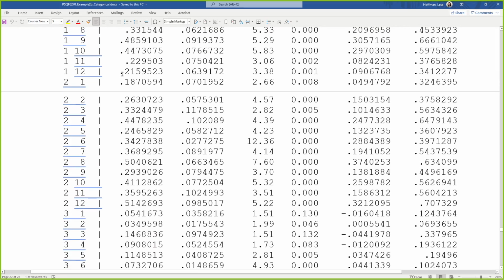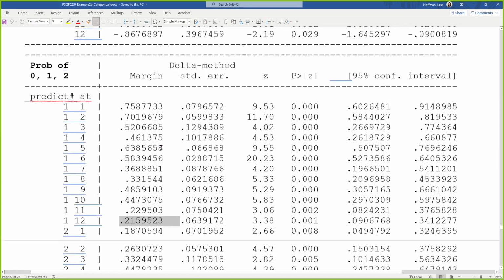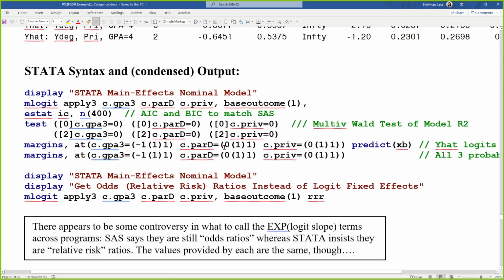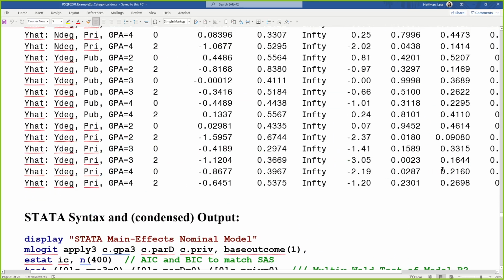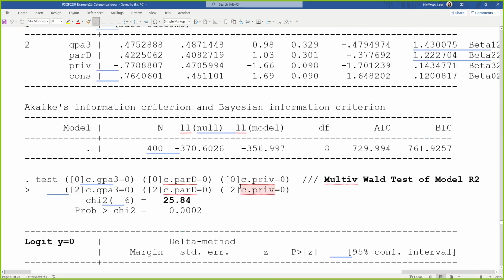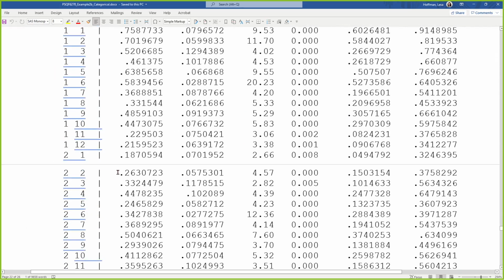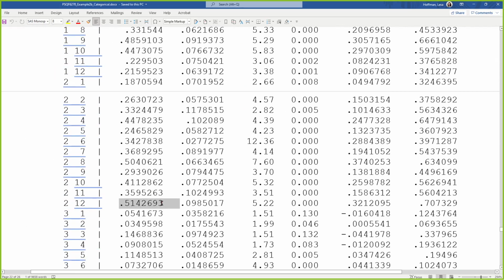The probability of answering a 1 is 0.22, so that matches what SAS is telling us for that one. And then the difference, whatever's left, is in the middle category, which is right here. So it just tells you flat out, if you're this kind of person, this is your chance of getting a 1, this is your chance of getting a 2, and this is your chance of getting a 0.